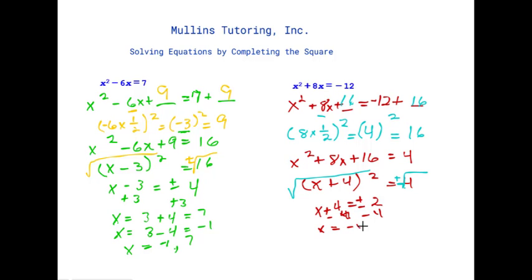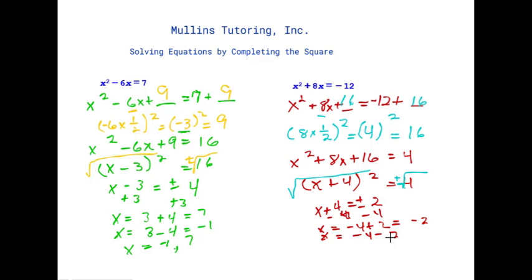negative 4 plus 2, and x is equal to negative 4 minus 2. So negative 4 plus 2 is going to be negative 2.